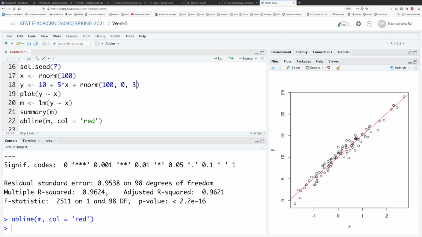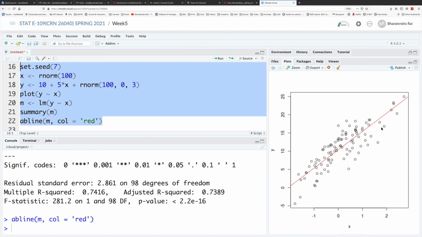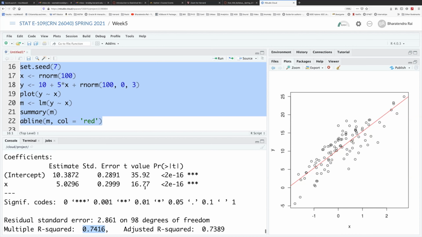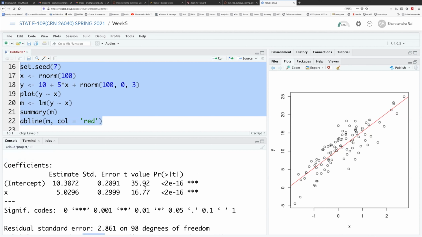So obviously you would expect the variability to be higher now, and R square, which is like 96%, to fall down a little bit. If we run this, you can see now there's more variability, but still a linear trend, and R square is only about 74%. Only 74% of the variability is being explained by the model, and estimates are quite close to 10 and 5.